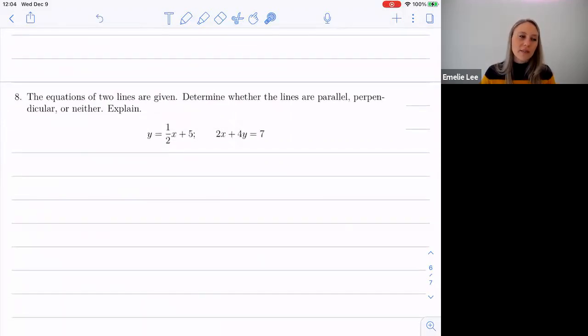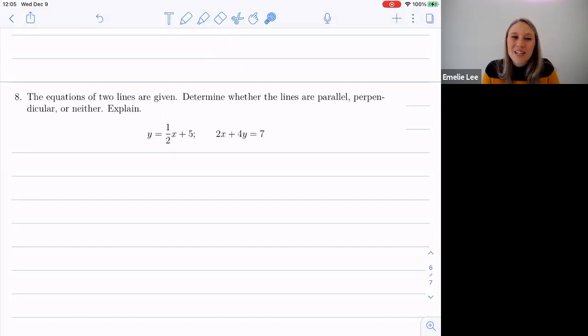We know that these are linear functions because there's just an x and a y, no powers, no nothing. And I know that these are two linear functions. I mean, it says that they're two lines, but it's just another check-in point. Do I know what an equation of a line looks like? Yes, I do. It has to have an x and a y, and that's it.